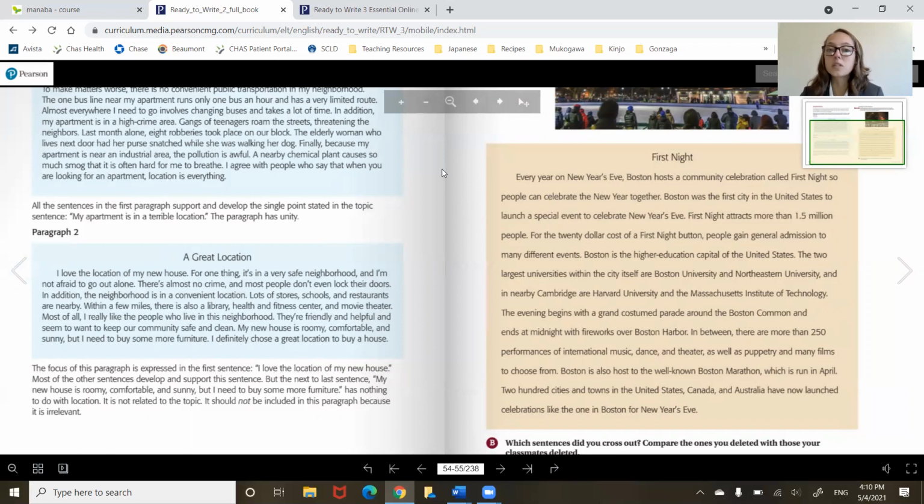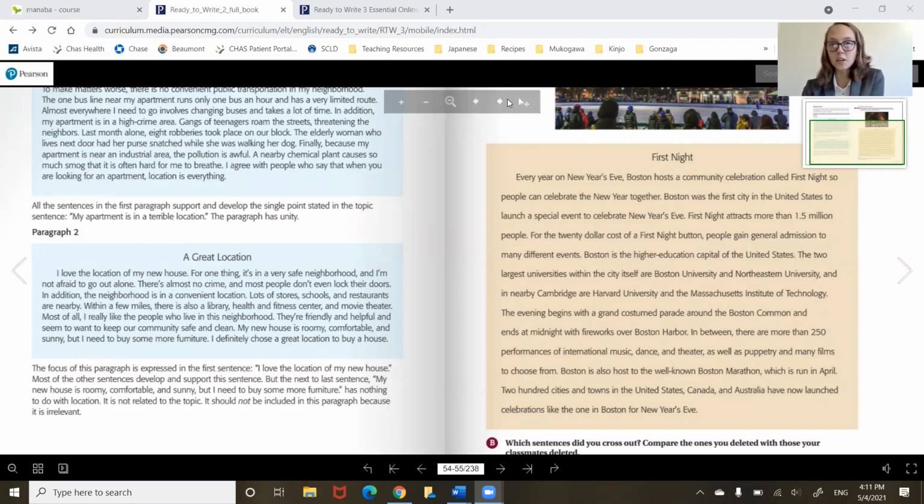Okay, we're going to pause the video and decide which sentences are not related to talking about the event in Boston on New Year's Eve. So pause. Okay, so the first thing we need to do is look at the topic sentence. If you remember, the topic sentence is like the driver of the paragraph.